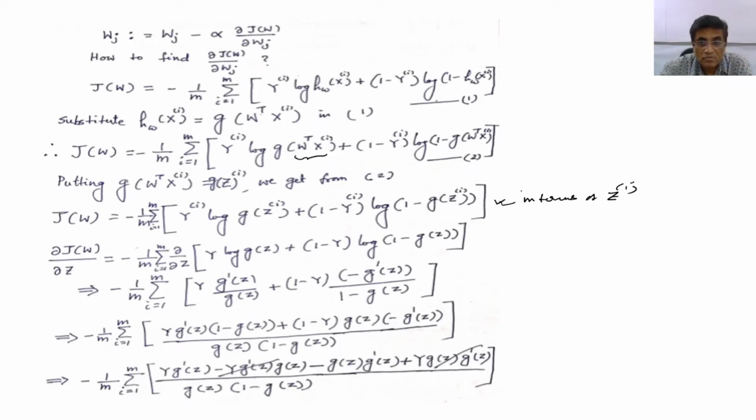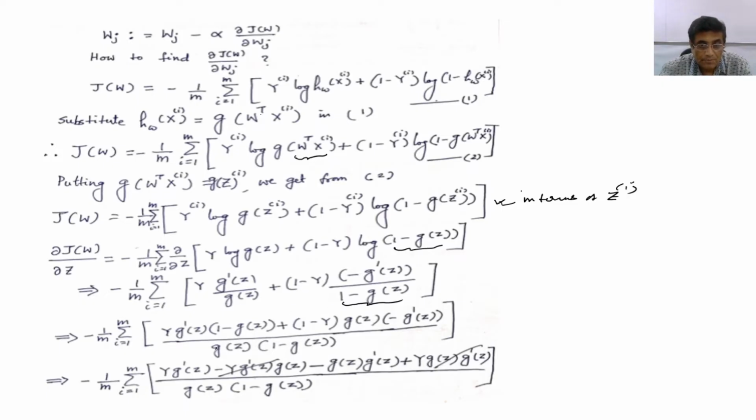Then here also with respect to z we are differentiating, so 1 by this is coming over here, and then you will have minus g prime z, that is the derivative of this function with respect to z. Clear? Then simple math, simplification.